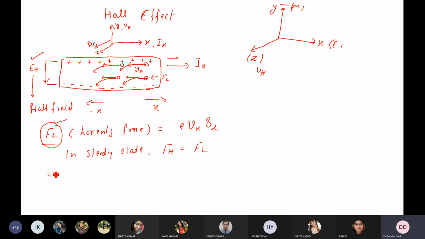So it means that, now we know that this Hall force is given by e EH, right? Force is equal to charge into electric field, and this is equal to the Lorentz force. Lorentz force is e Vx Bz.